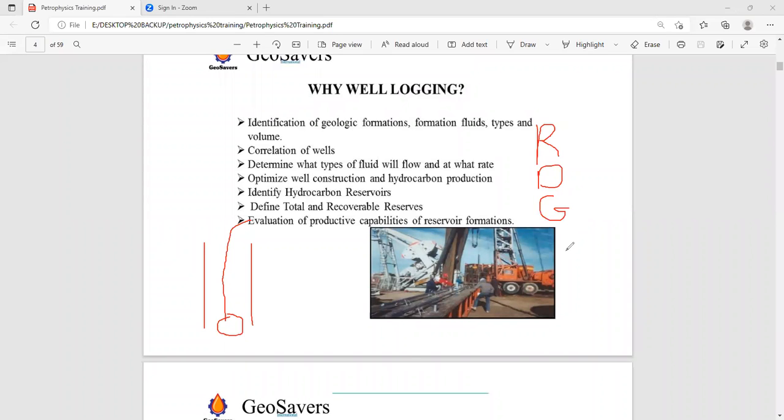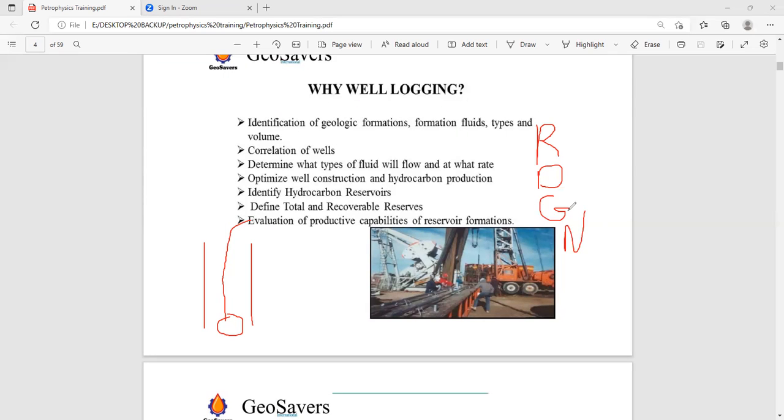We are going to look at the neutron. Once you have a log that has these four basic logs, it is good enough for you to define that well in terms of hydrocarbon potential and all of that.